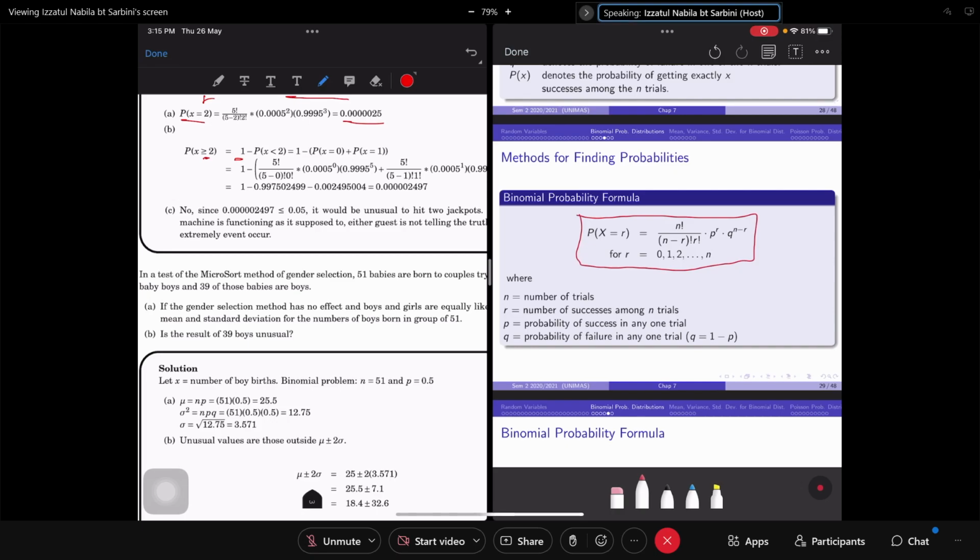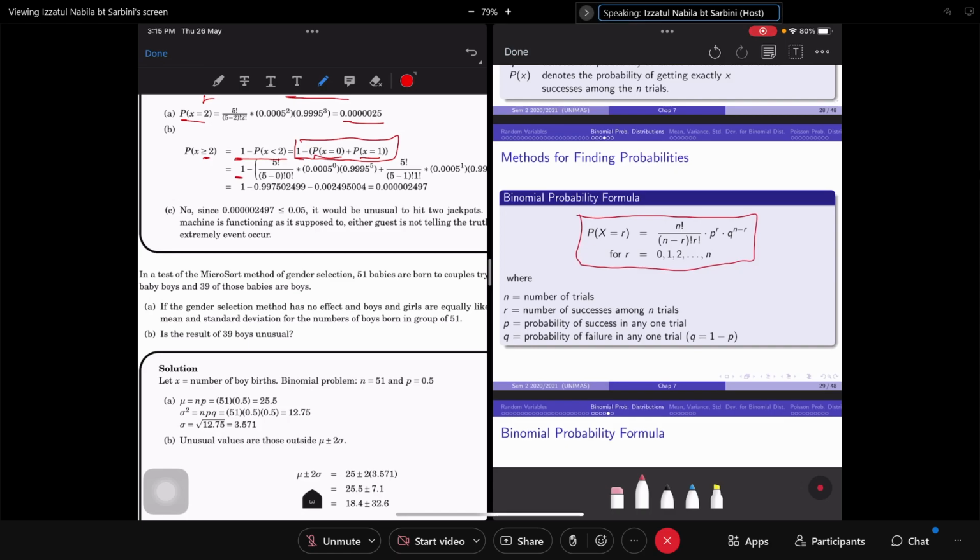So when you have this, 1 minus P(x less than 2), so you will know already. So 1 minus anything less than 2, so it's either x equals to 0 plus x equal to 1. So you minus anything less than 2. Alright. So once you know this formula here, you know already what to do, right? So 1 and then this one x equal to 0.